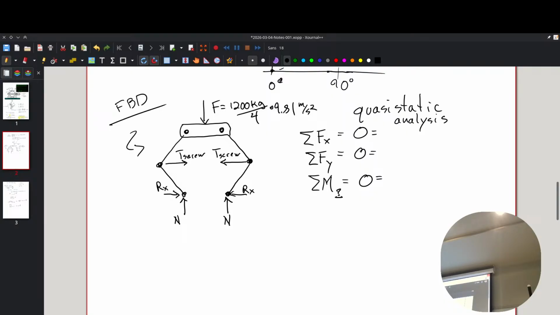Do you know which vectors are just along the x direction? Which ones? Rx and T-screw. Okay. So really we just have an equation of 0 equals 0. It's not too helpful.